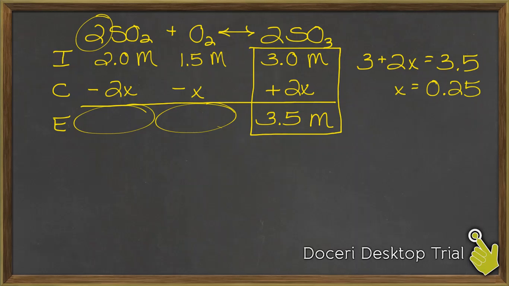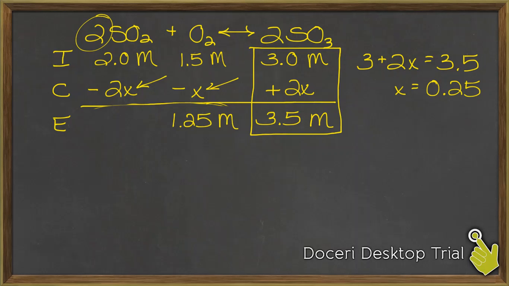Well, if you now know what x is, let me erase these circles here. We can plug x in right there and solve for these equilibrium molarities of SO2 and oxygen. And again, I don't think you'll even need a calculator. So for oxygen, 1.5 minus the value for x that we found, 0.25.